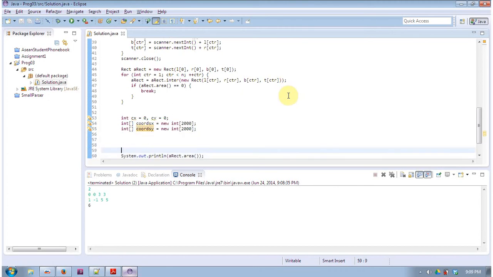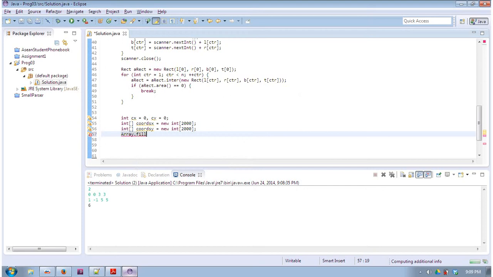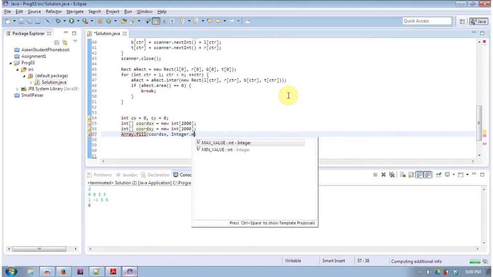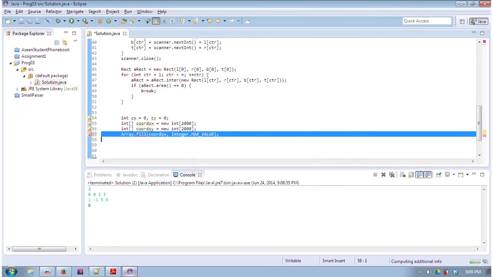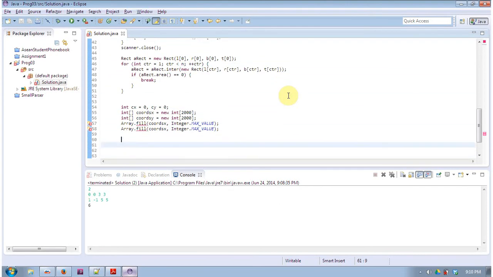Then we initialize them, Arrays.fill coord x. Essentially we'll be sorting them, so we'll assign a huge value. Then we'll be getting them from these arrays LRBT.